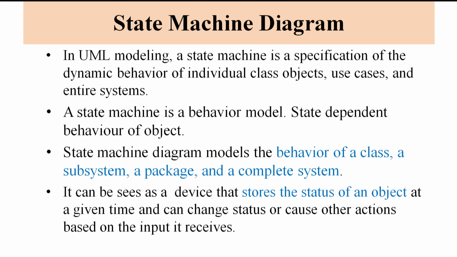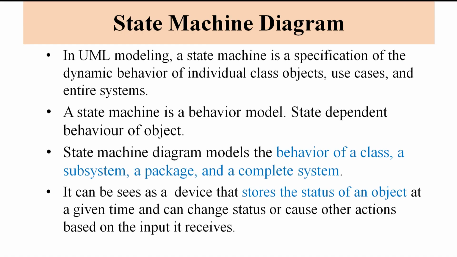You can also draw it for a use case, which represents the dynamic behavior of the system in the context of the different objects involved, or the overall working scenario of that particular system, or the complete system in itself.